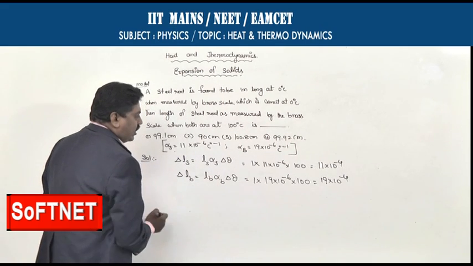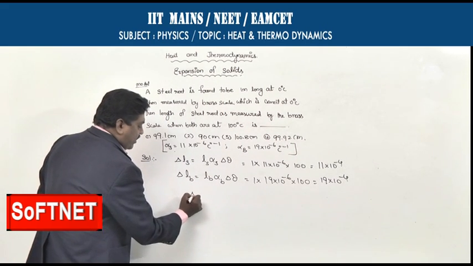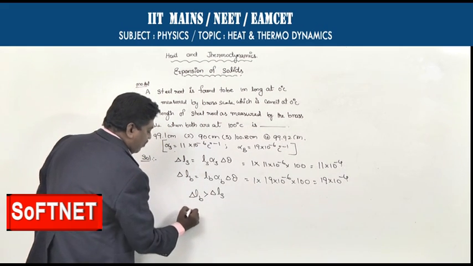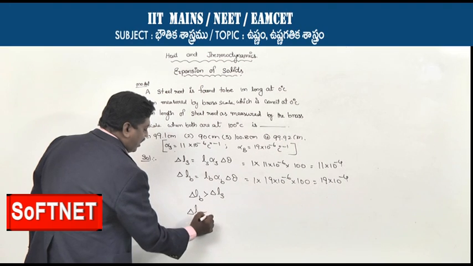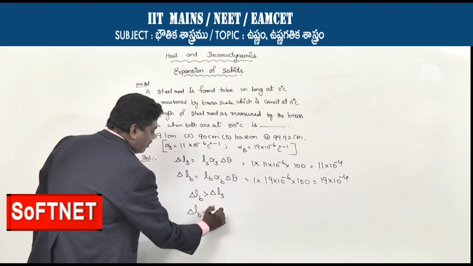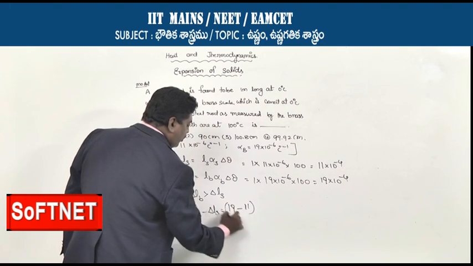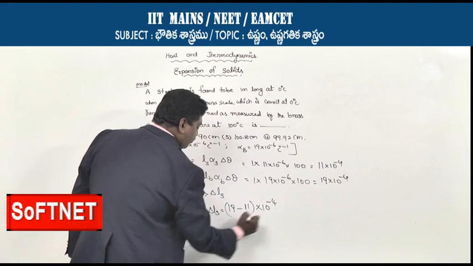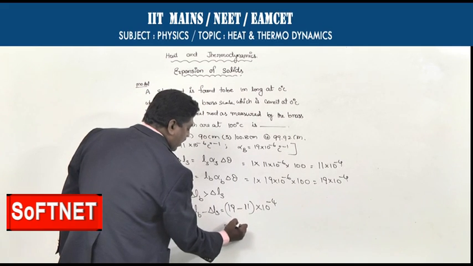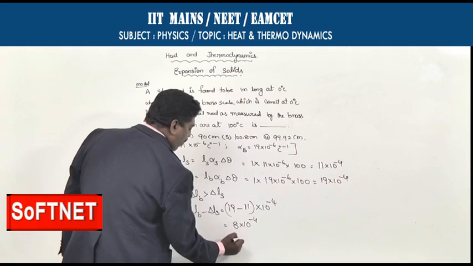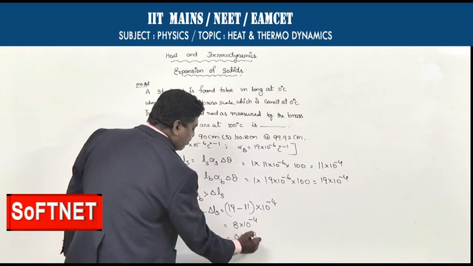Now, from these values, we understand that delta LB is greater than delta LS. Then the difference between delta LB and delta LS is given as (19 minus 11) into 10 to the power of minus 4, which is 8 into 10 to the power of minus 4, and we obtain 0.008.